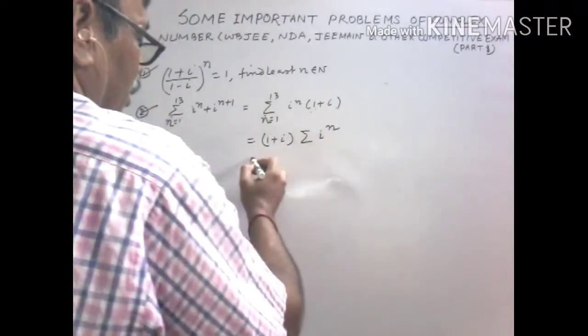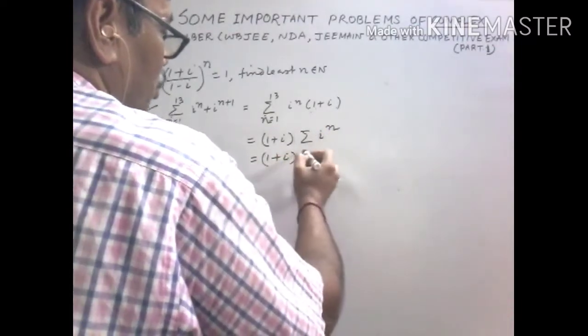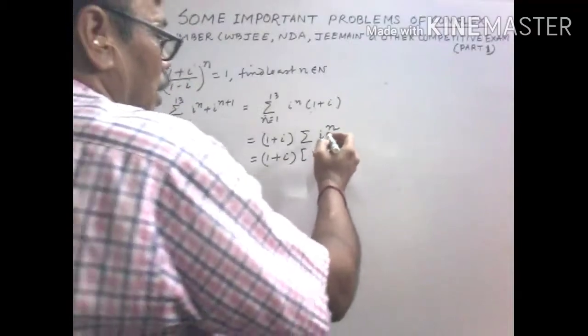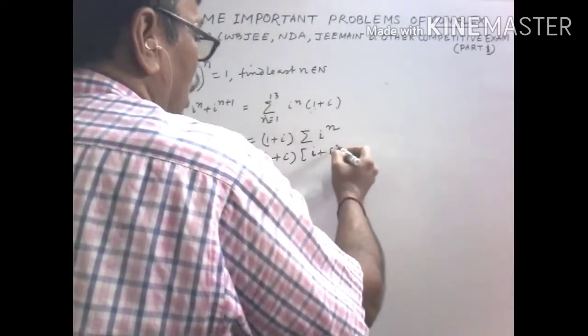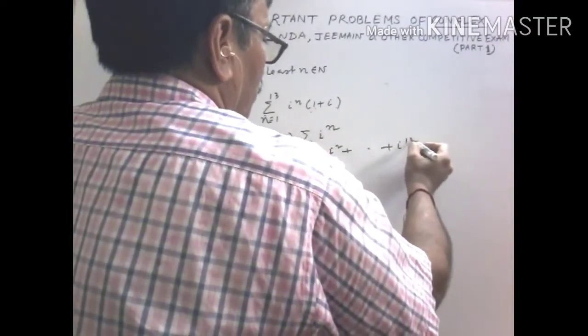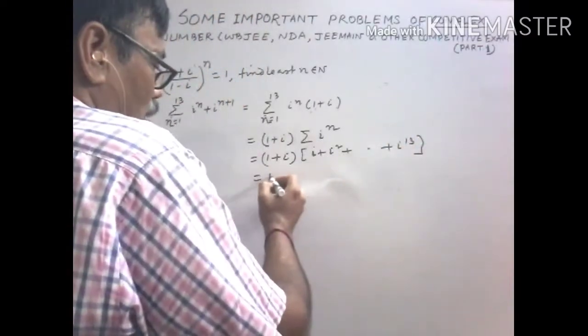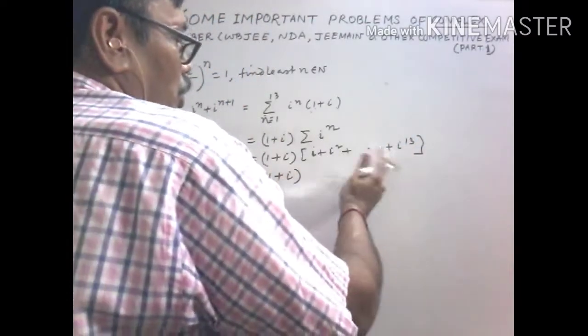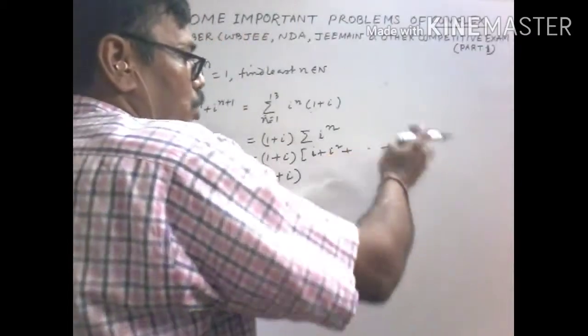So 1 plus i times the sum of i to the power n: i to the power 1, i square, dot dot, i to the power 13. So this is 1 plus i, then i to the power 12, which I have already discussed.